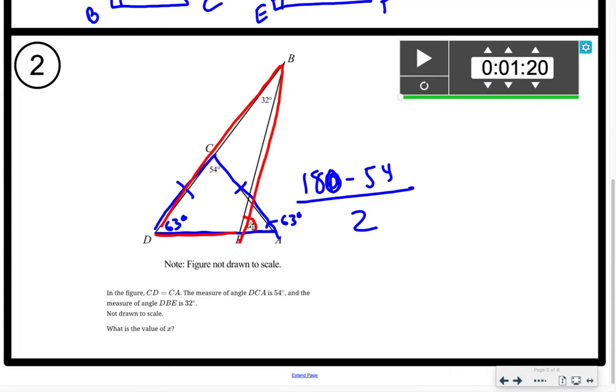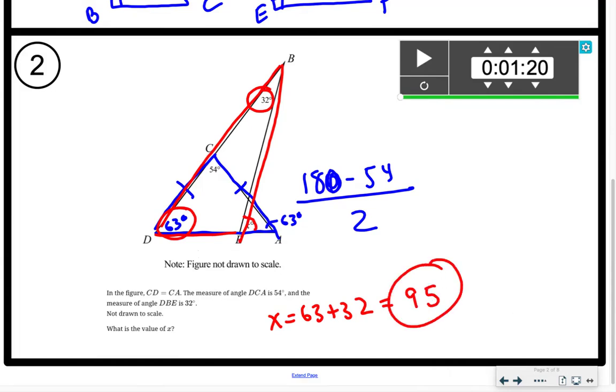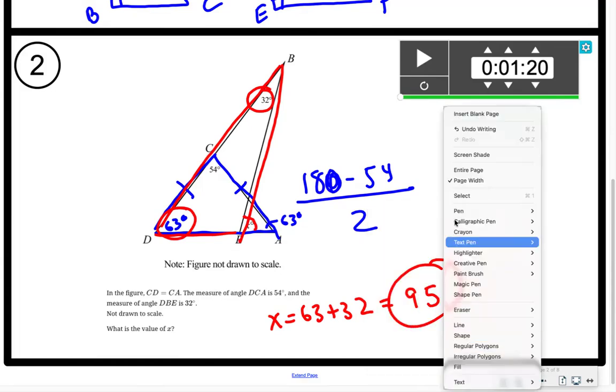The exterior angle theorem says this: an exterior angle is equal to the sum of the two opposite interior angles of that triangle. So X is simply just going to be 63 plus 32, which is 95. All right, so 95 is our final answer.